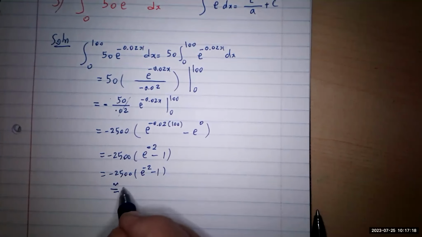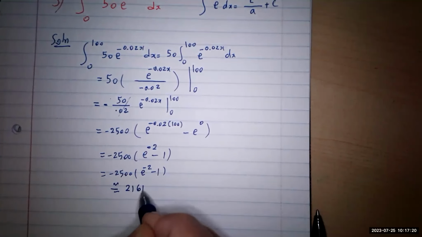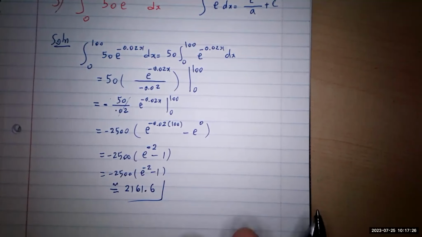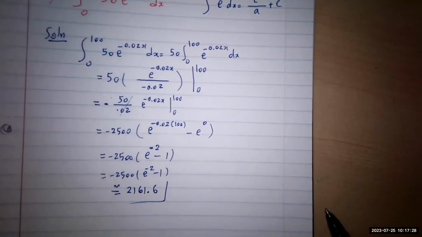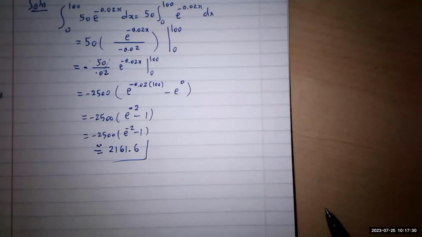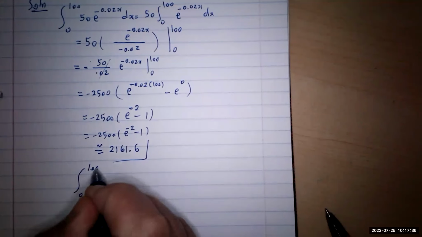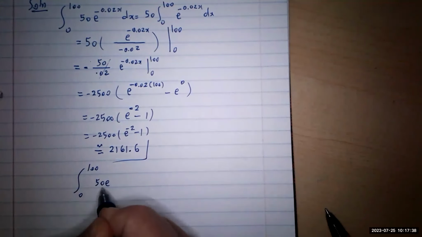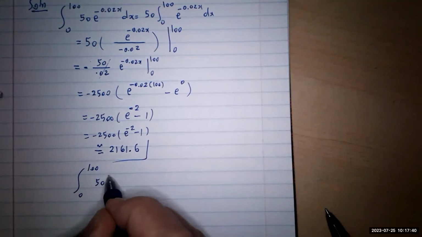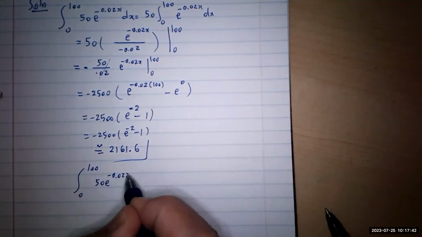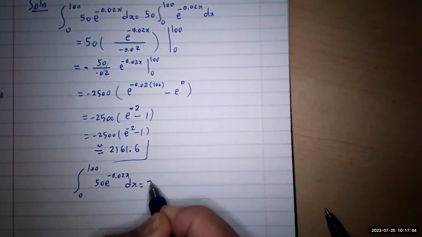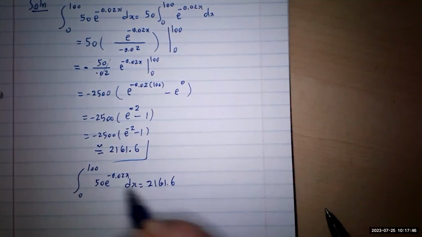It's 2161.6. And they may talk about dollars, miles, etc. Then you have something to explain. But eventually we proved that the integral from 0 to 100 of 50 e to the negative 0.02x dx is 2161.6.